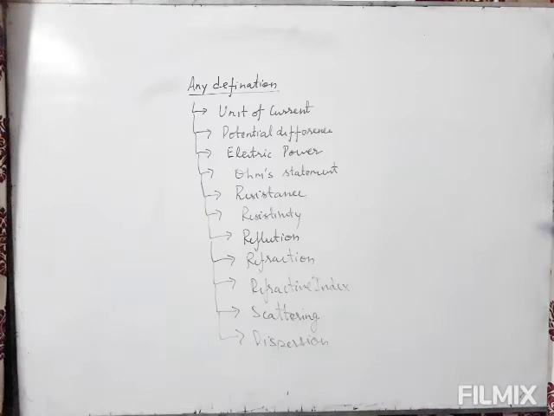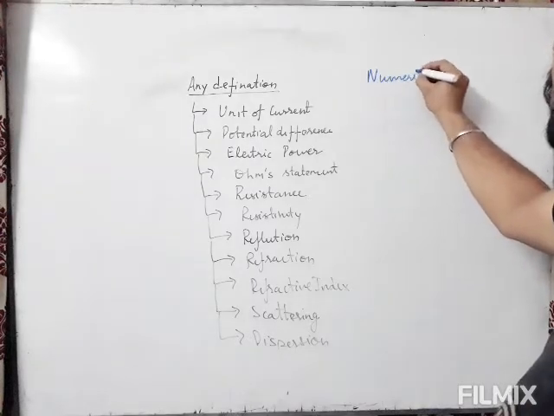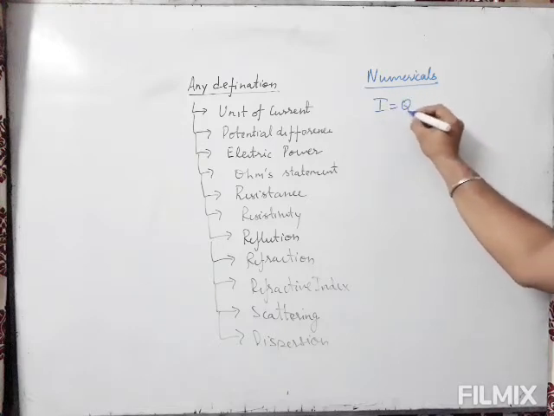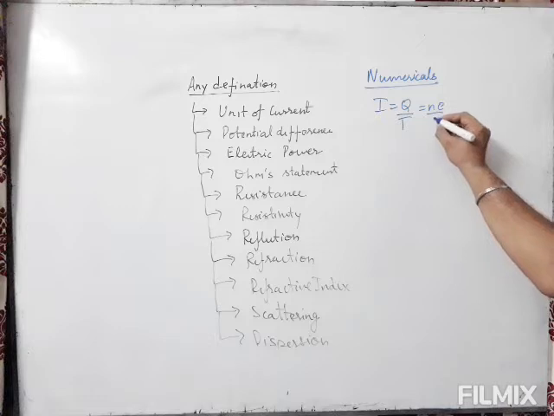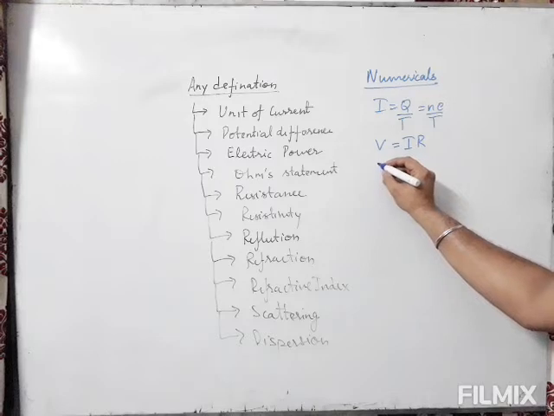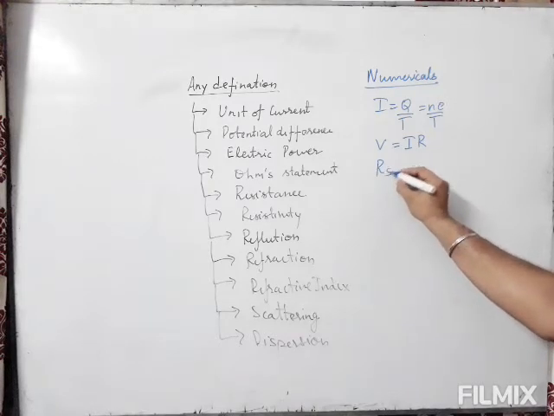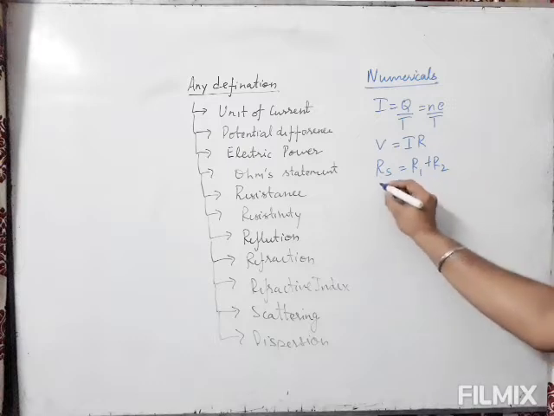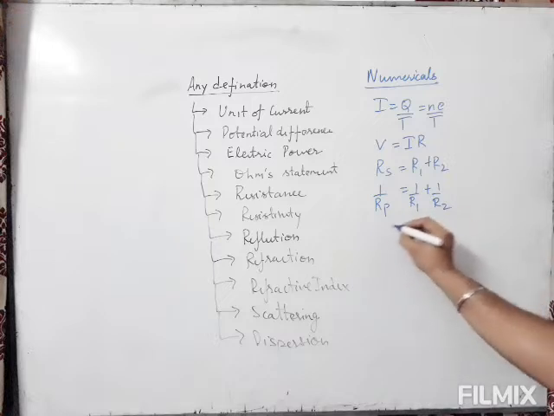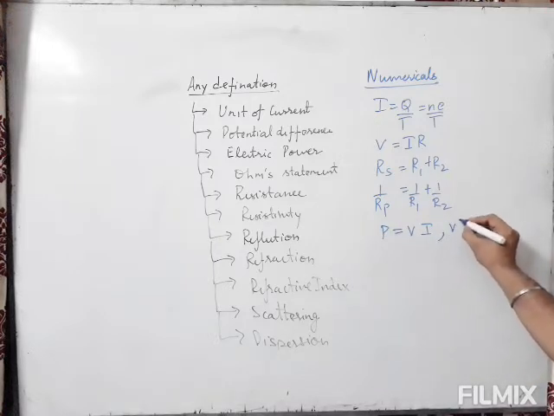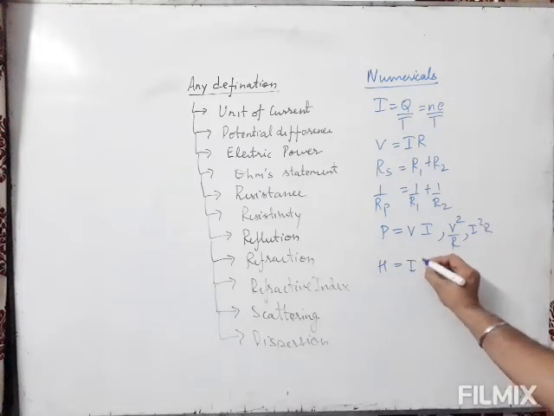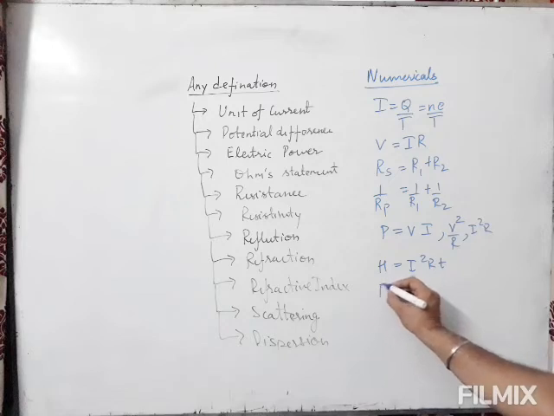Then are the numericals. For that you can have a numerical based on the formula Ne by T, on the formulas of resistance in series and parallel, on power, on heat energy, and on normal energy.